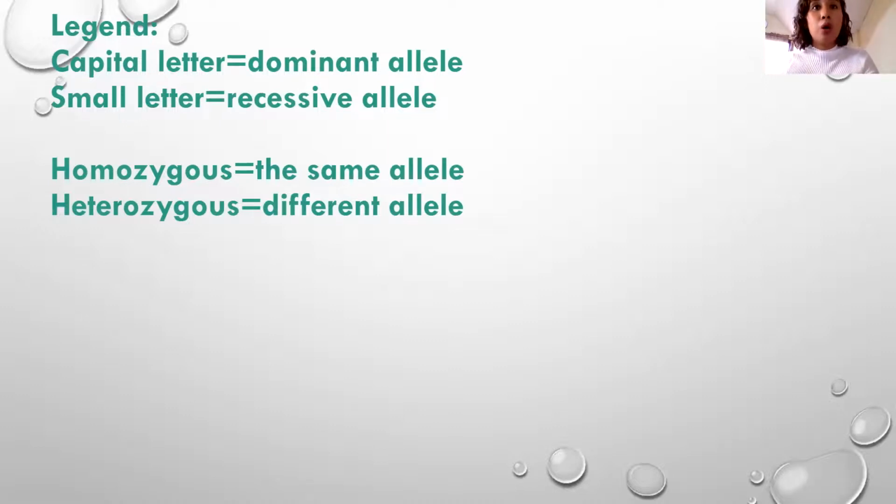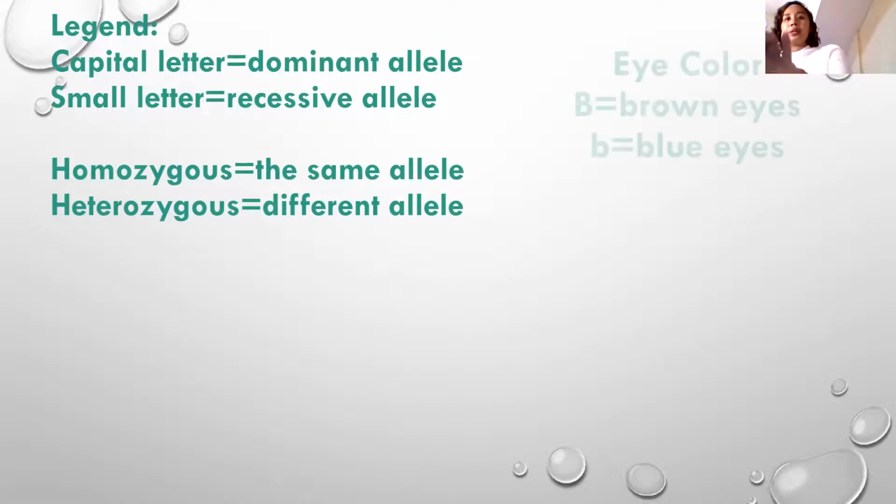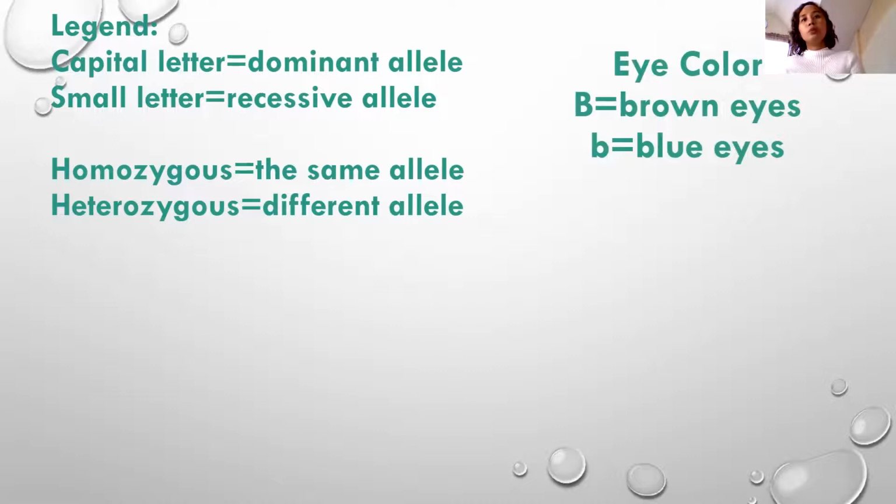Next, we have the term homozygous. When we say homozygous, that person has the same alleles, and heterozygous means different alleles. Let's give an example. We will represent capital letter B with brown eyes and small letter b with blue eyes. You will notice the capital letter, so is it dominant or recessive?